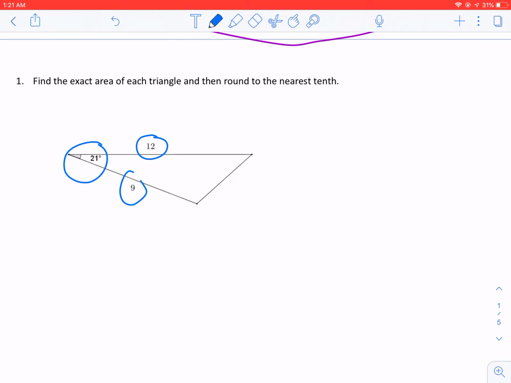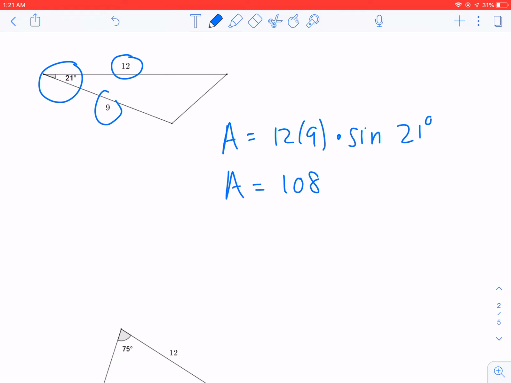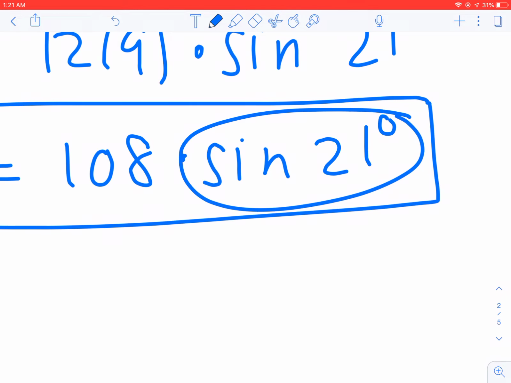So we can say the area of this triangle is 12 times 9 times sine of 21 degrees. Alright, it says find the exact area and then round to the nearest tenth. So the exact area is going to be 12 times 9 is 108 times the sine of 21 degrees. And I'm just leaving it like that because sine of 21, that's irrational.